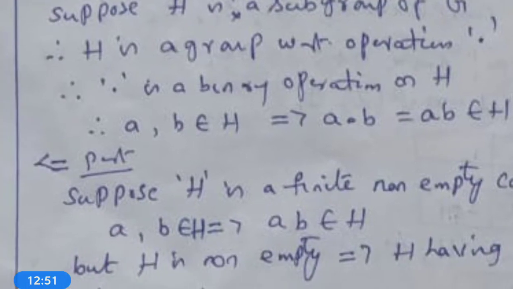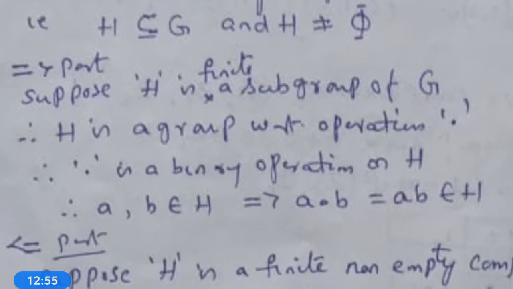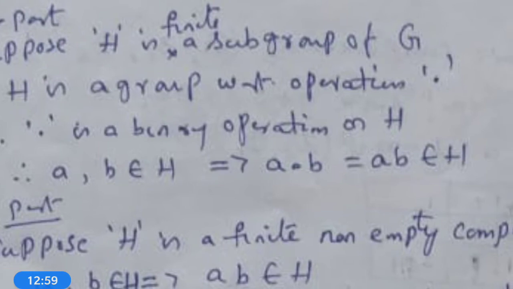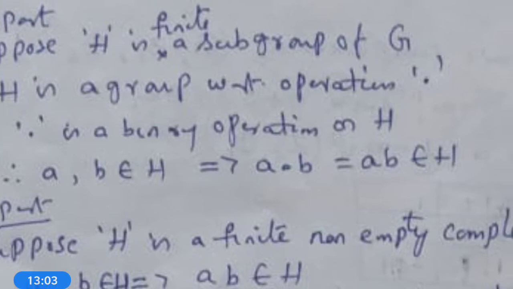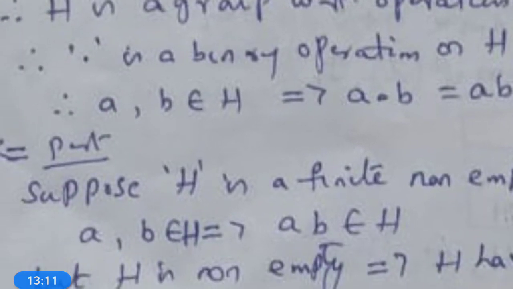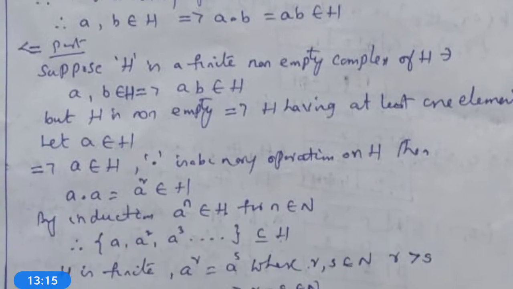H is non-empty, therefore H has at least one element. So, let us choose two elements in H, say a, b. So, a, b belongs to H implies a into b is equal to ab belongs to H. So, the implies part is proved.